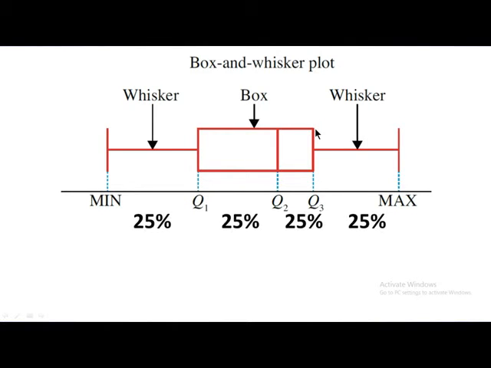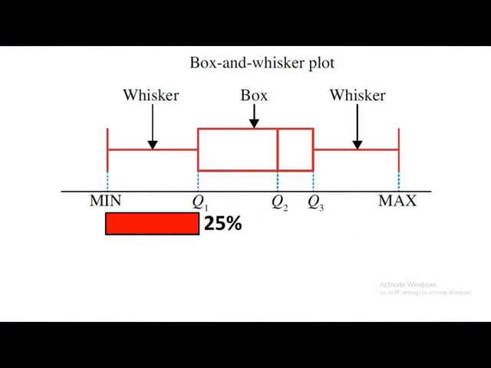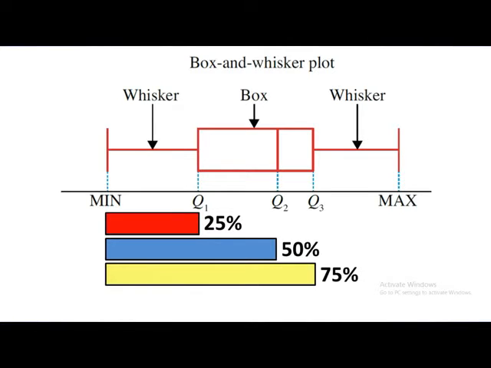Remember, each part is actually 25% of the data, from the minimum to Q1, from Q1 to Q2, and so on. So Q1 is 25% of the data. Q2 is 50% of the data because Q2 is the median, which divides the data in two equally. And Q3 is 75% of the data.